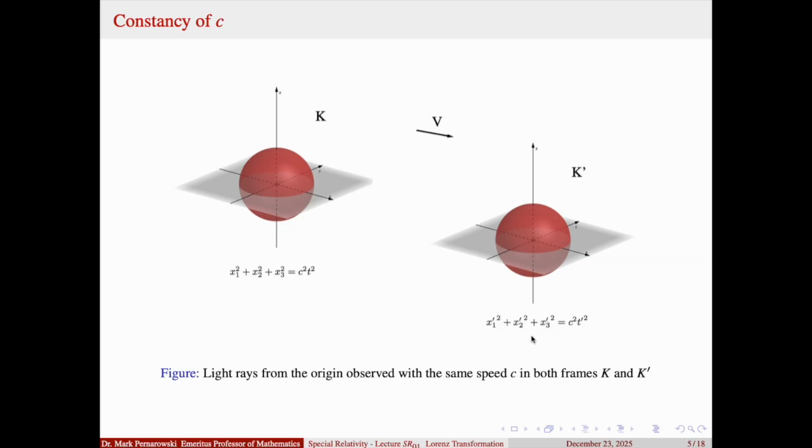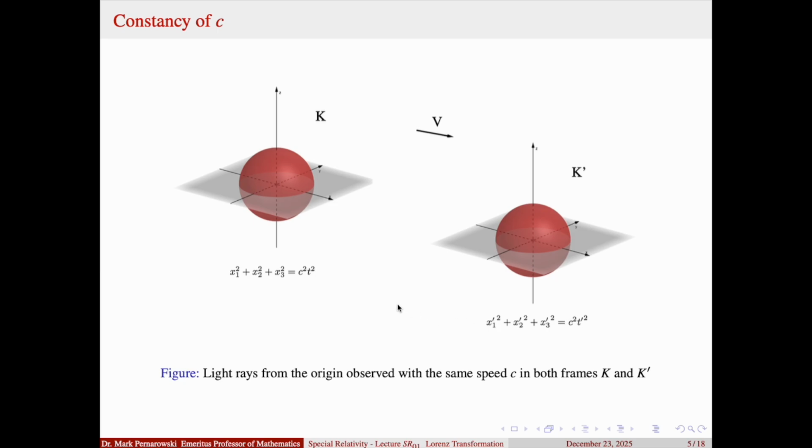But according to the axiom, the observer in K prime must observe the same thing, namely, using its prime coordinates, there should be an observed sphere of light that lies on a sphere of radius ct prime.